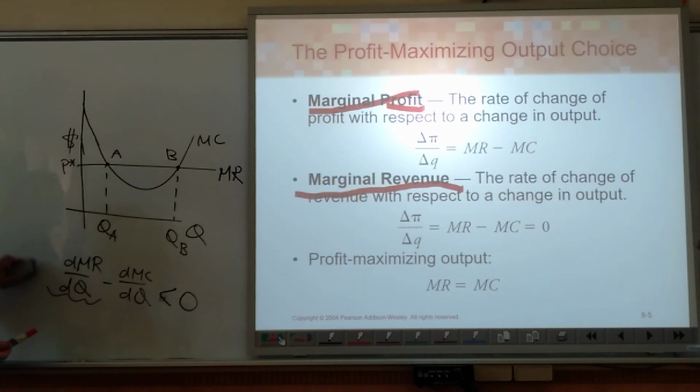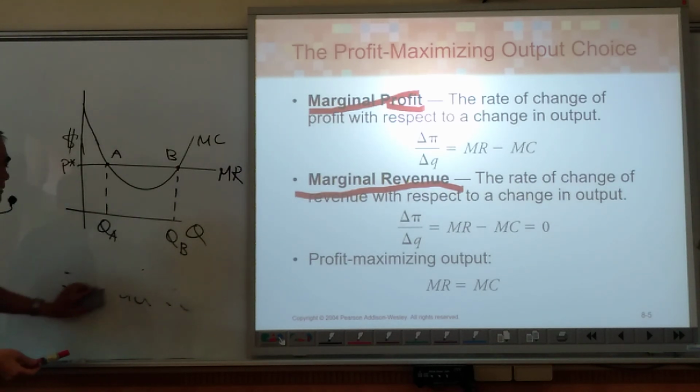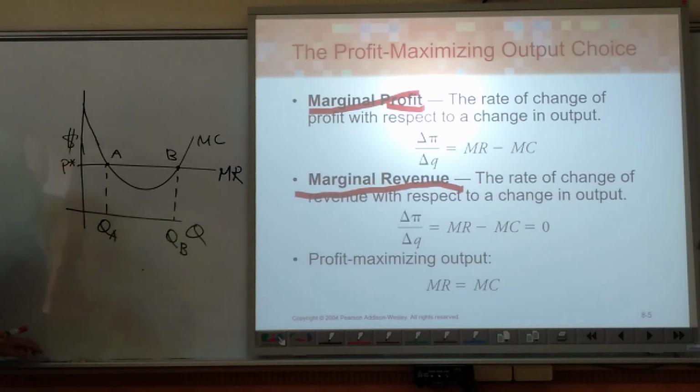Or you can look at it in the other way. Total revenue is P times Q, right? Questions? P times Q is equal to total revenue. What about total cost?